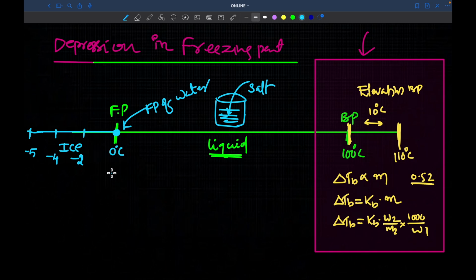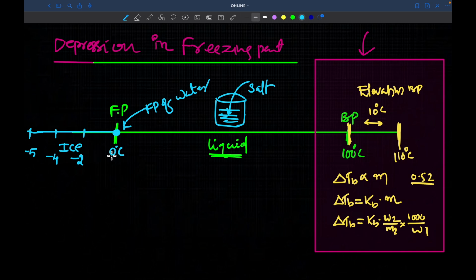Tell me. The pure water used to freeze at this temperature, but now this has become a salt solution. So, this is not going to freeze at 0 degrees Celsius.